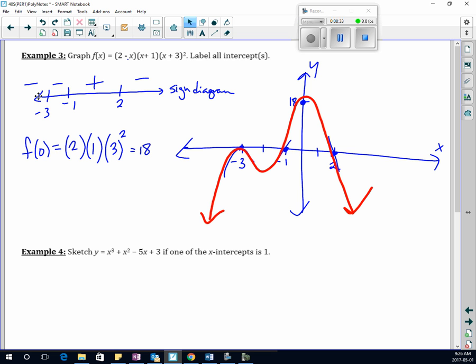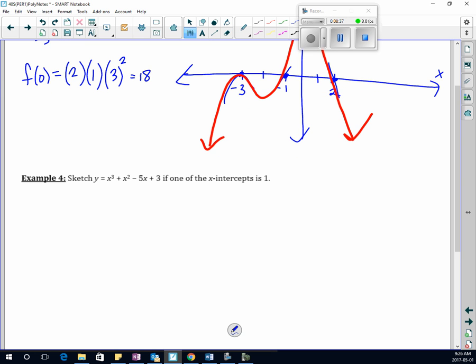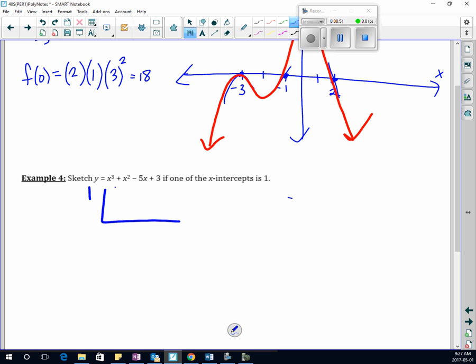Okay, last one. One of the x-intercepts is x equals 1. So this is what I was saying. They help you along by saying one of the x-intercepts is 1, so you don't have to randomly guess there. So that means I can do synthetic division to find the rest, right? 1 comes down. 1 times 1, 1. 1 times 1, 2. 2, -3, 1 times -3.